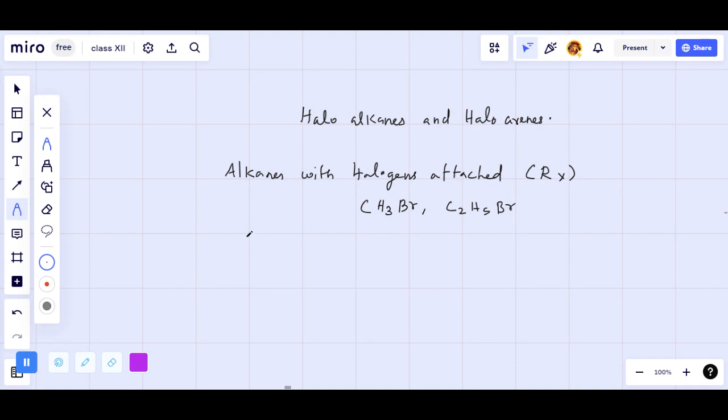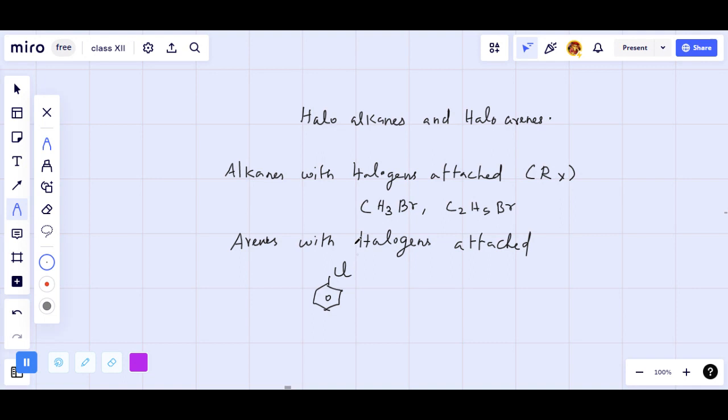In the same way, arenes with the halogens attached are called haloarenes. Arene means it's an aromatic compound, benzene.